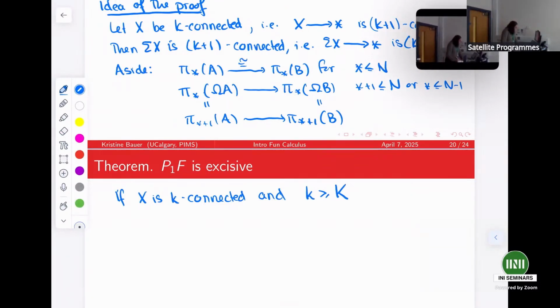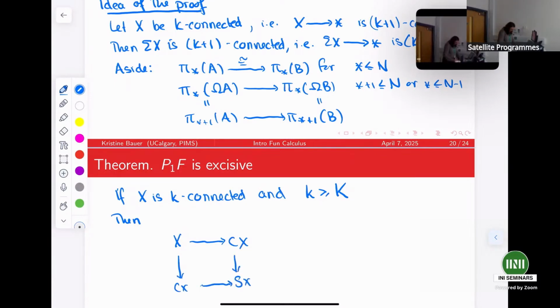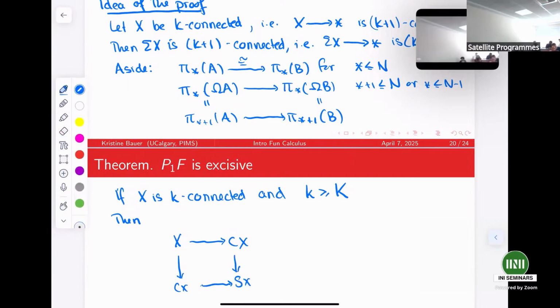Then, all right, I have a push-out diagram in which this is K connected and this is K connected.